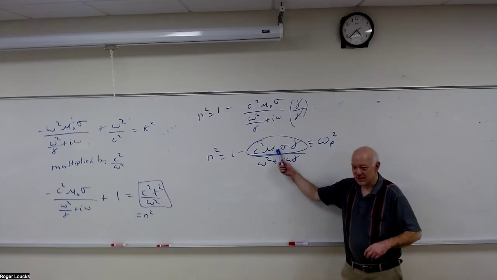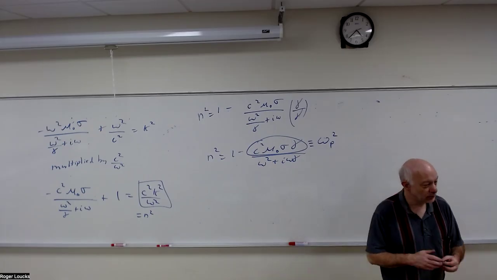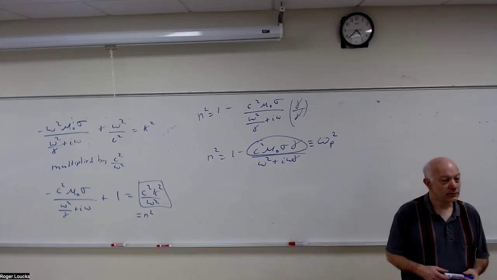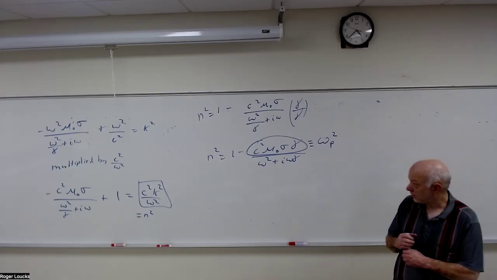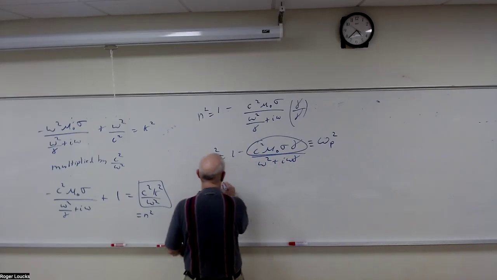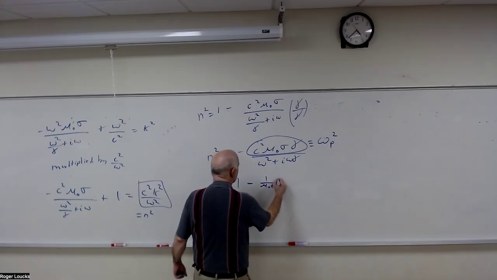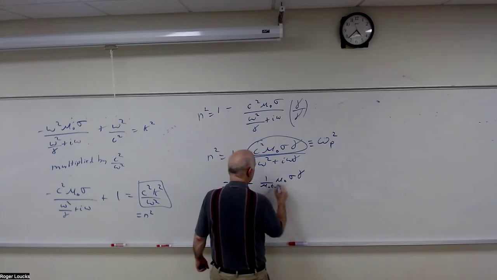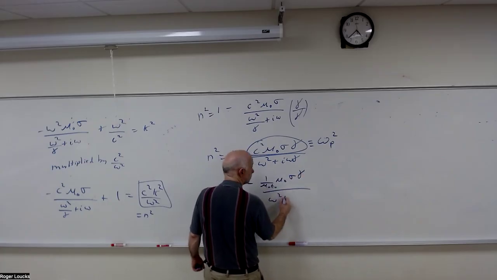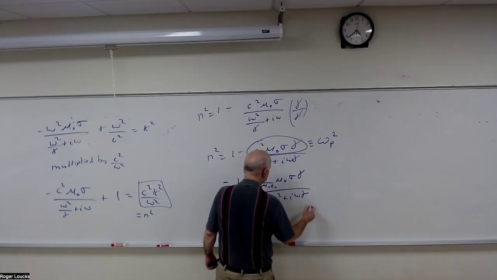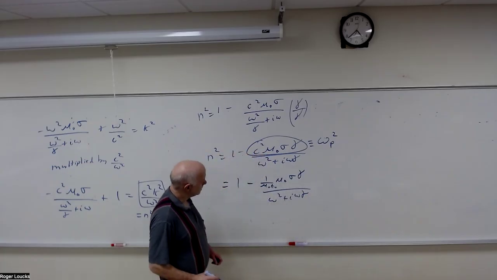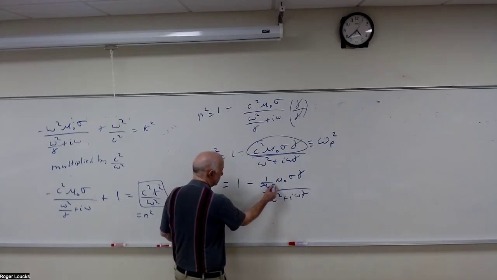That's what mu naught is. I want to get rid of it. Tell me how. Well, c squared would be 1 over mu naught epsilon naught. Exactly. So I can rewrite this as 1 minus 1 over mu naught epsilon naught, times this mu naught, sigma gamma over omega squared plus i omega gamma. And then they cancel.